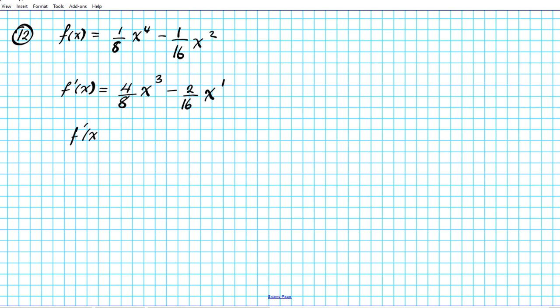F prime of x is 4 over 8, which reduces to 1/2, x to the third, minus 1/8 x. Now we have the derivative. To find the critical numbers, we're going to look for where the derivative is equal to 0 and where the derivative does not exist.